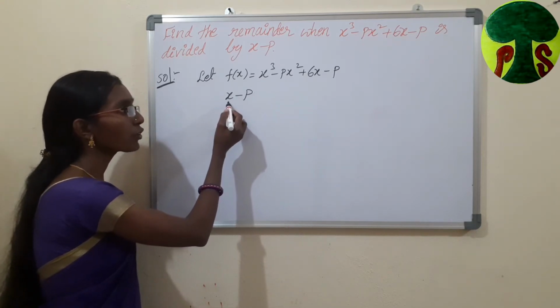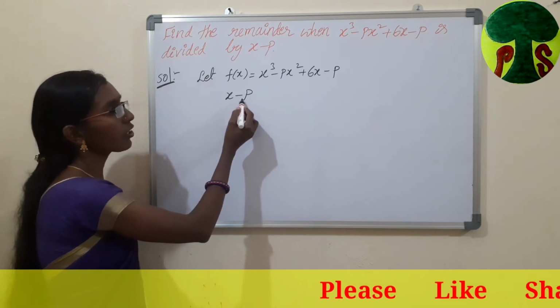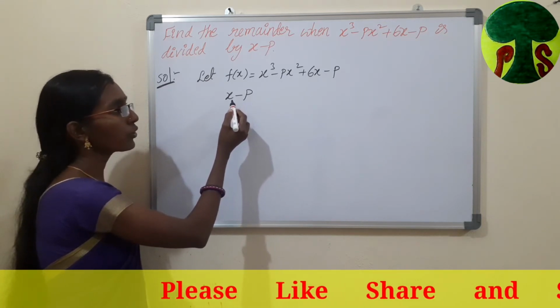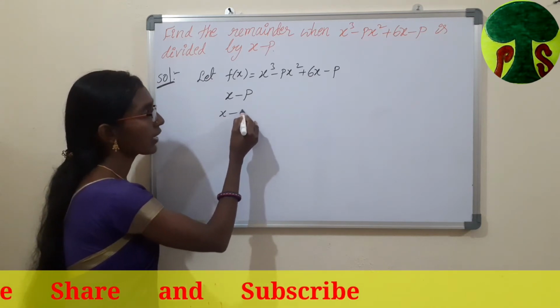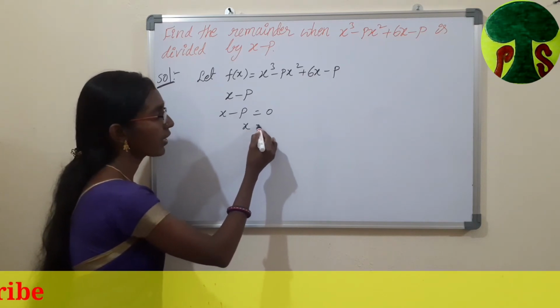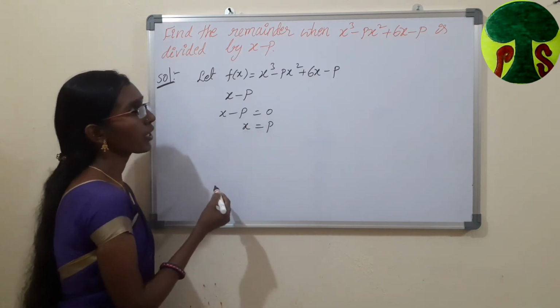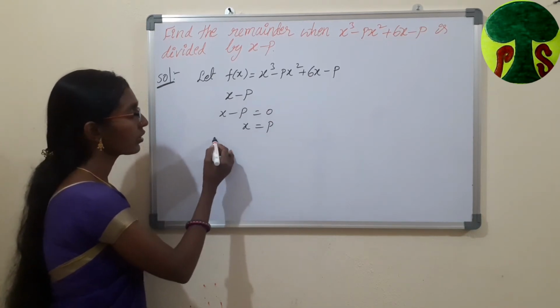Further, we have to find the 0 of this polynomial. To find the 0 of this polynomial, we have to equate this to 0. So, x minus p is equal to 0. From this we will get x value as p. Now we have to find f of p, that is the remainder.